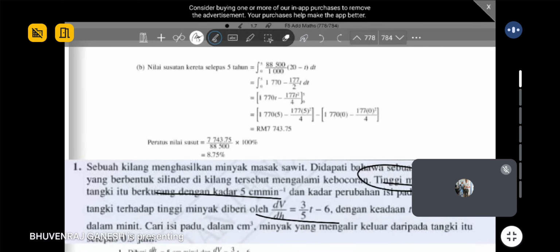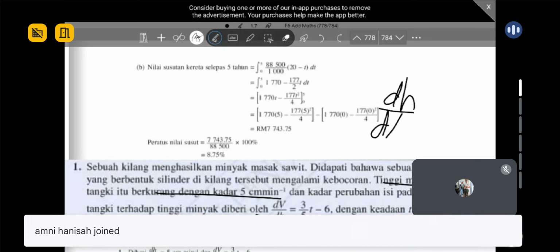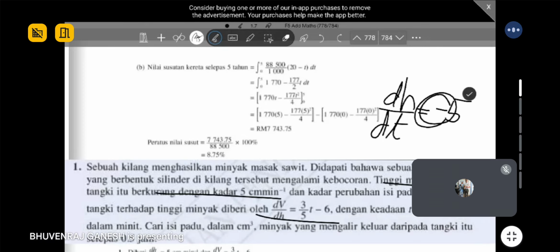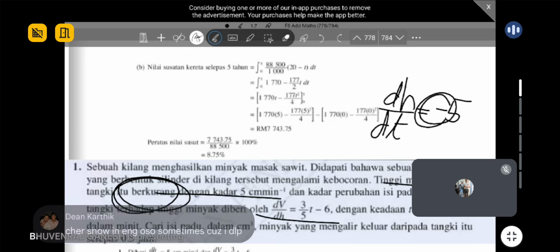Okay, correct? So if the height of the oil decreases at this rate, means you will write dH over dt equal to -5. Okay, jangan lupa simbol negatif, guys. Kalau mereka tulis berkurang, kena letak negatif. Okay, always when you see the word decrease, right, in differentiation or integration, add the negative.